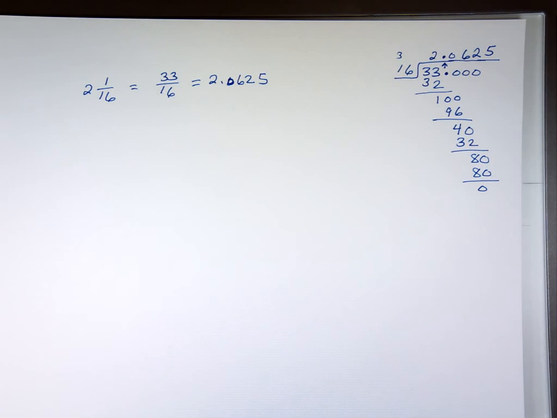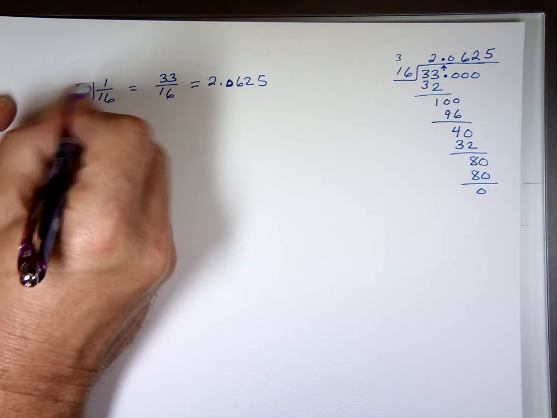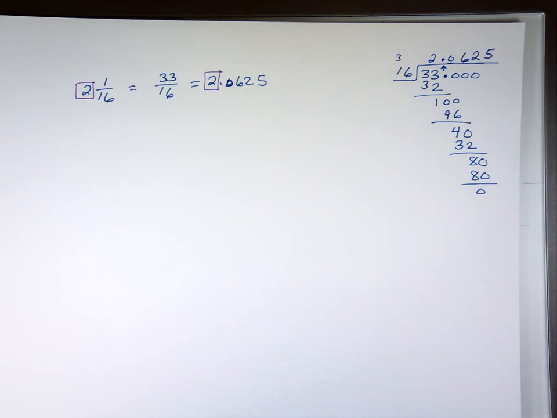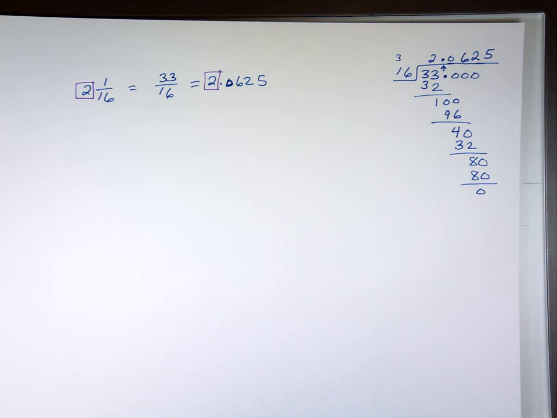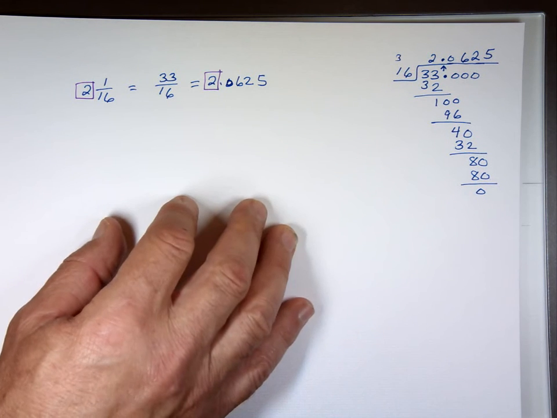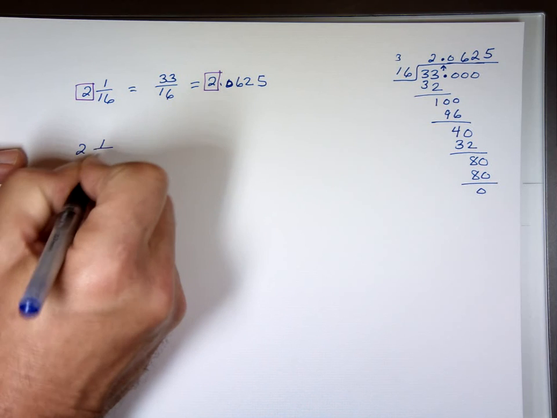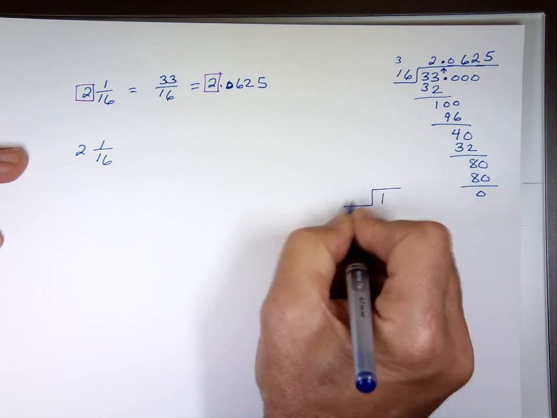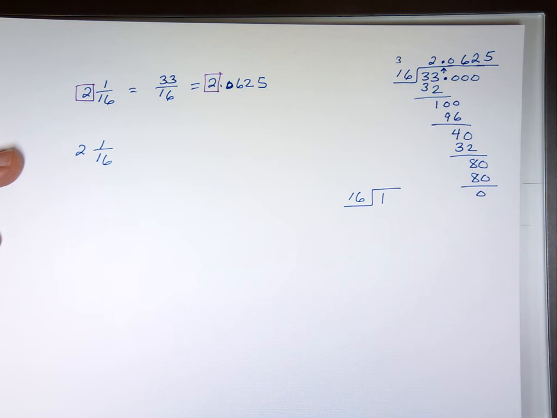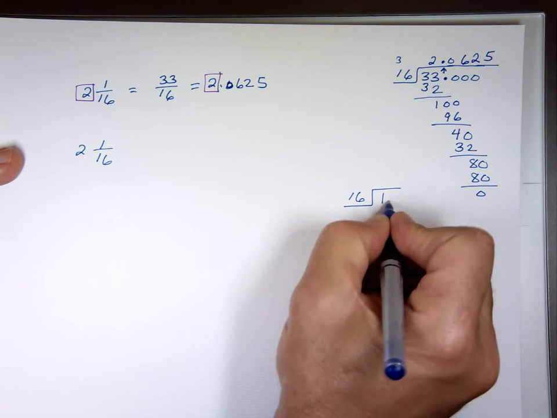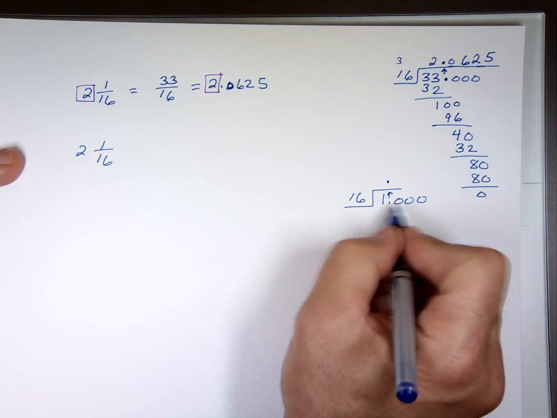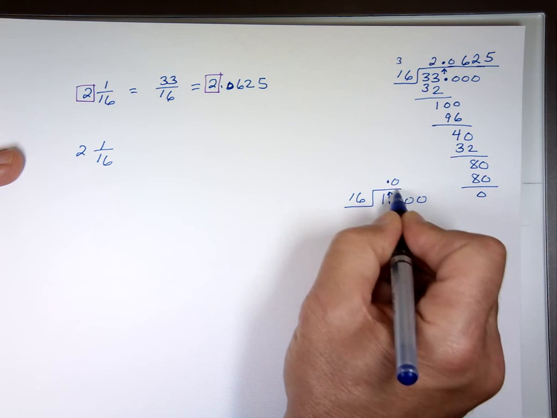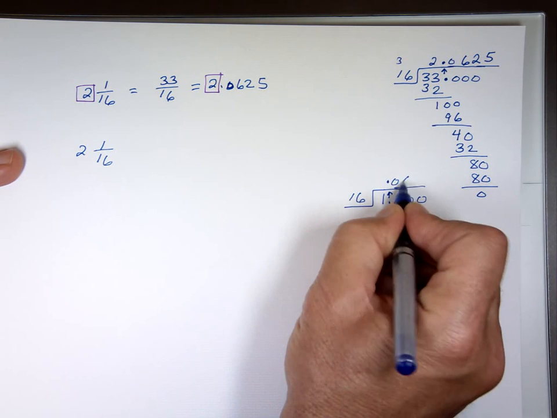I did this on purpose the long way. Do you notice that this number is the same? See it? So instead of changing that to an improper fraction, some people are saying, wait a minute, why even do all this? If you want 2 and 1/16, just divide 1 by 16. Here's your decimal point. 1 divided by 16, you can't. How about 10 by 16? Can't. How about 100 by 16? 6. 6 times 16 is 96.